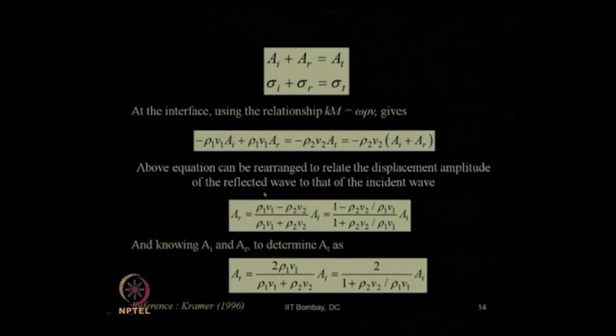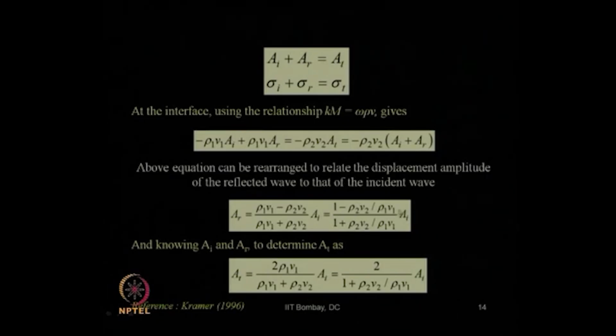On further rearrangement of this relationship of displacement amplitude of the reflected and incident wave with respect to the transmitted wave, what will we get? Suppose we are interested in the reflected wave amplitude, because in most cases, what will be known?